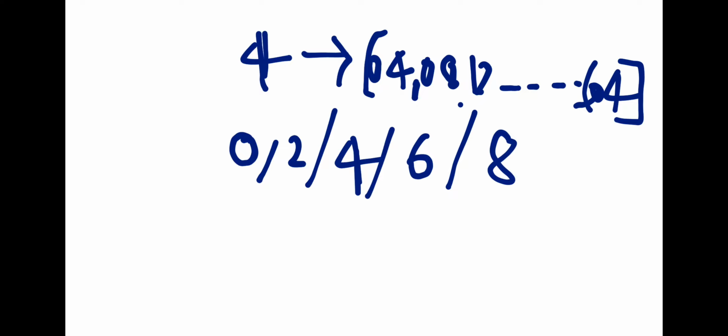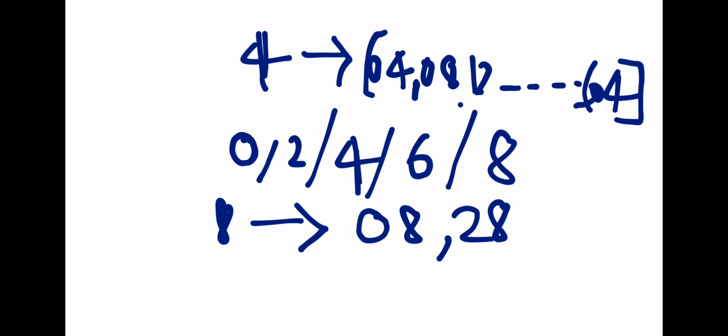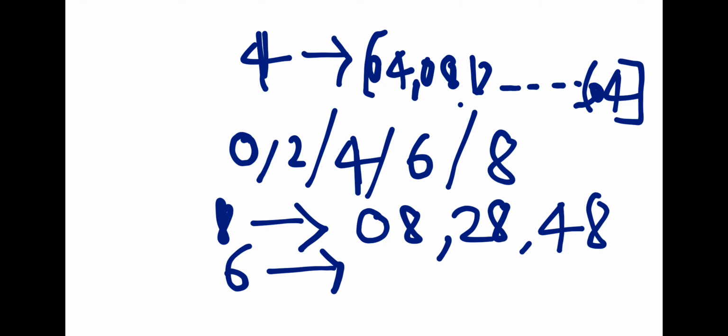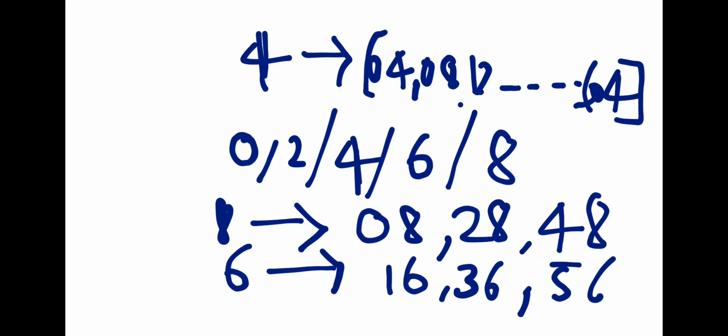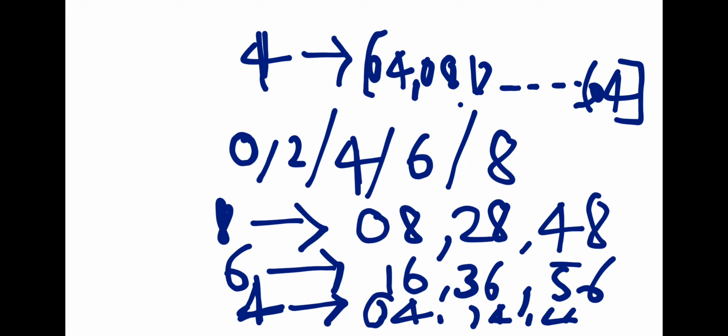The multiples of 4 with unit digit as 8 are 08, 28 and 48. With unit digit as 6 are 16, 36 and 56. With unit digit as 4 are 04, 24, 44 and 64.